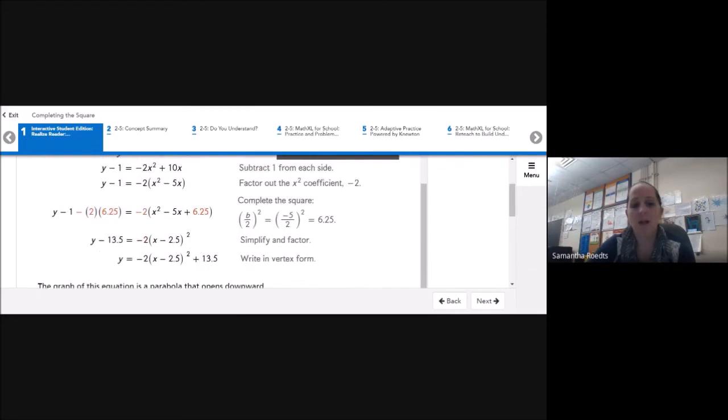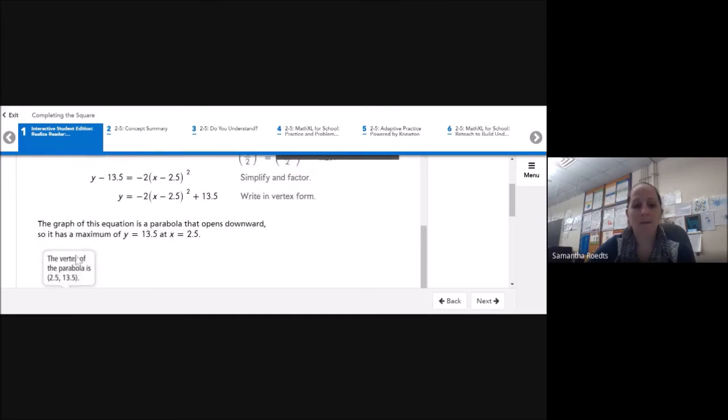So that's y minus 13.5 equals negative 2 times x minus 2.5 squared. Okay, so remember negative 5 divided by 2 is 2.5. So y equals negative 2 times x minus 2.5 squared plus 13.5.